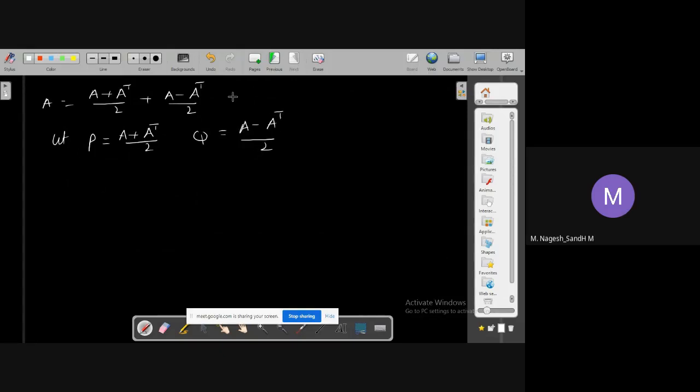Assumption is not any issue, we can assume. Therefore, taking this as equation 1, we can write A is equal to P plus Q. So A is the matrix split into P and Q. Are you getting what I'm saying? Now A is a matrix we split into two matrices, one is a P matrix, another is a Q matrix.